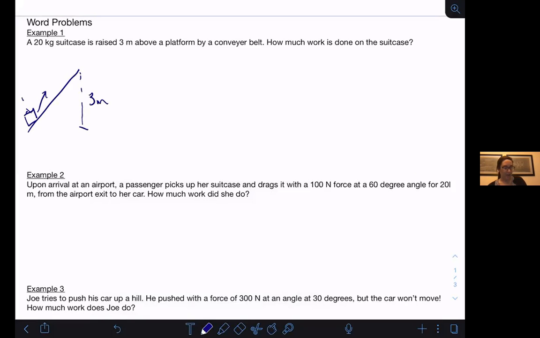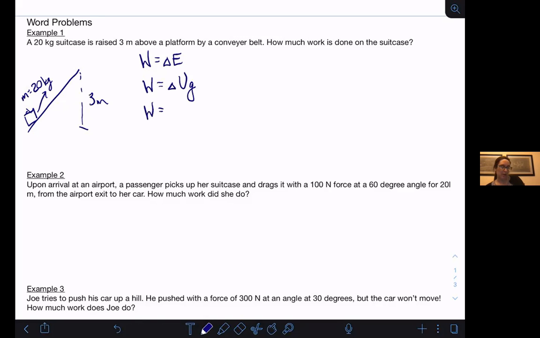And I know that the mass of this suitcase is 20 kilograms. I would recommend using the first definition of work to solve this, because knowing the mass and knowing how high I go, it's very easy for me to say that this work must be how much my gravitational energy changes.